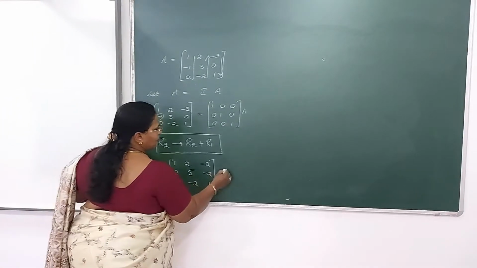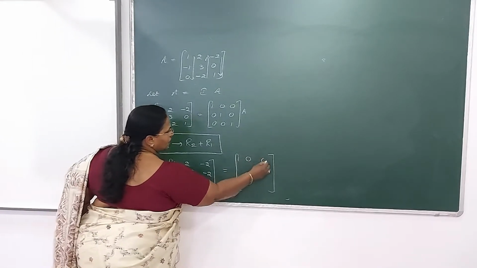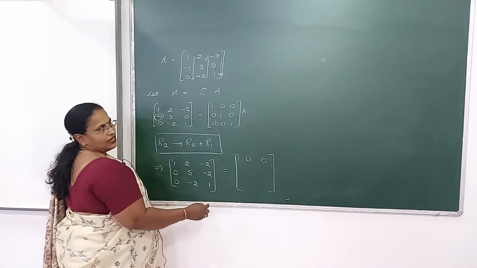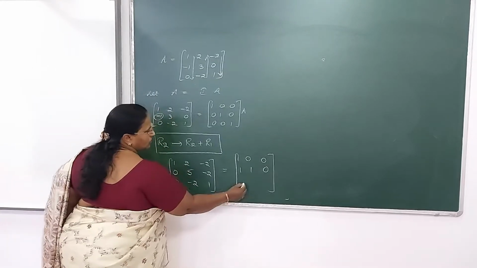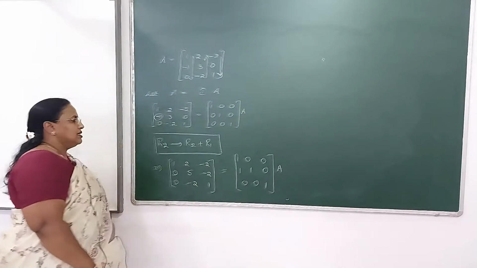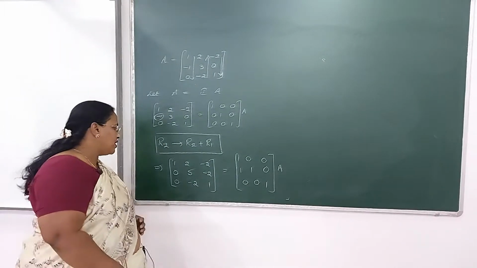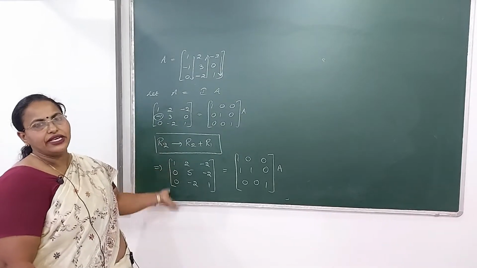Exactly the same you will be performing in the right side. So first row is 1 0 0. Second row, adding R2 and R1, so it's 1 1 0. Third row will remain as it is, 0 0 1.